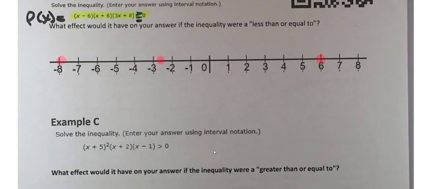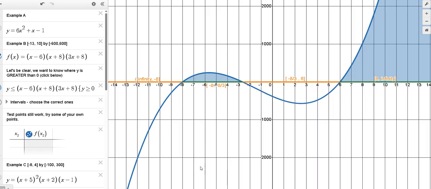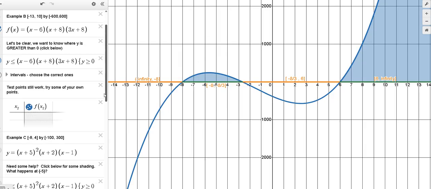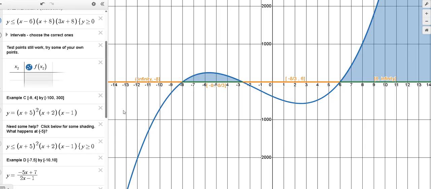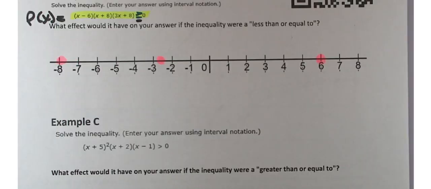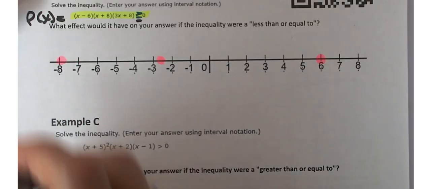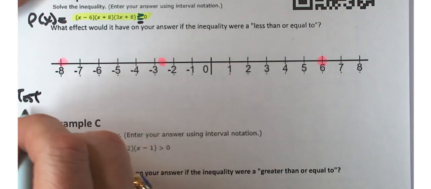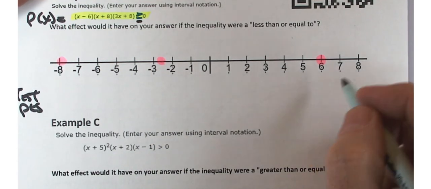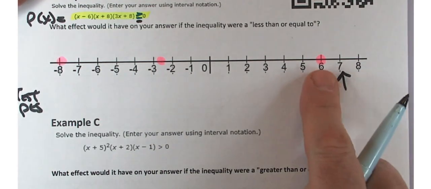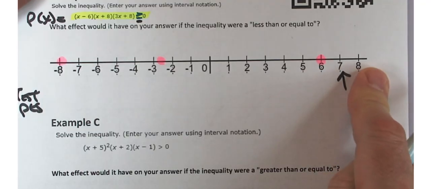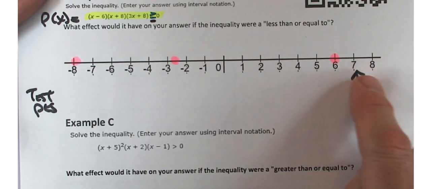Now there's a nice easy way you can check this. I'll show it to you on Desmos first, and then we'll look at it on the graphing calculator. On Desmos, we're going to want to pick values of x that are in these intervals. So we want test points. I want a value of x in the interval from 6 to infinity. Can anyone give me a value of x out here?